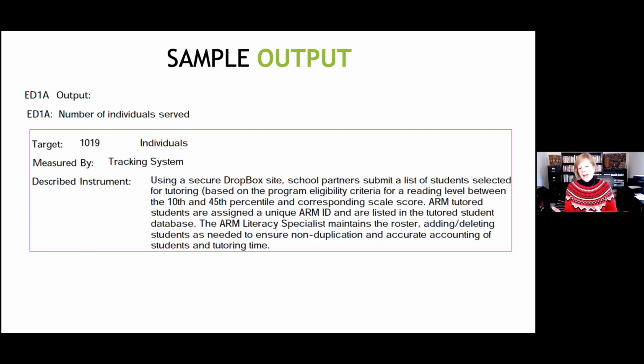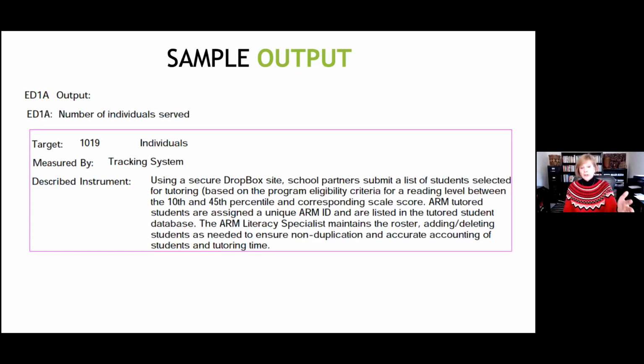The tutoring time shows that they're tracking more, but the piece that really matters is how they're counting people. So that's another thing to look at. Don't put a bunch of other things in there other than how you're tracking people, because that confuses whether you know what you're actually counting.